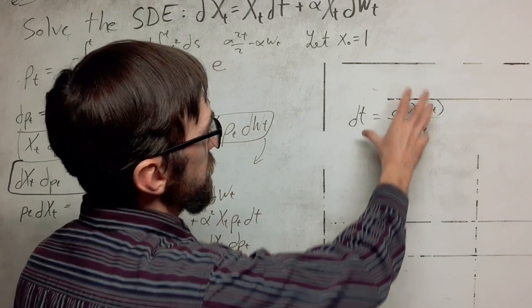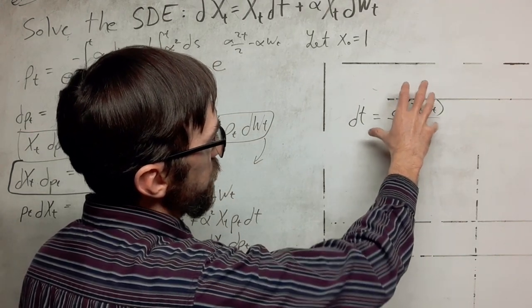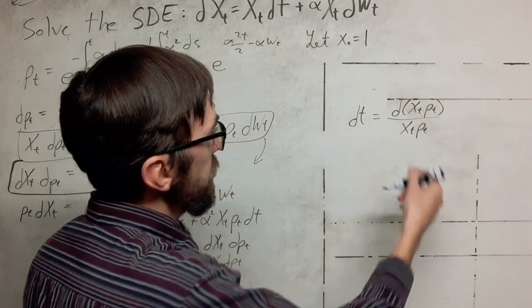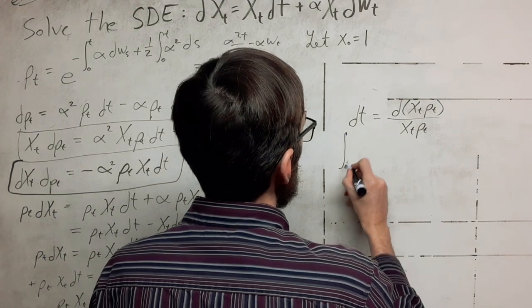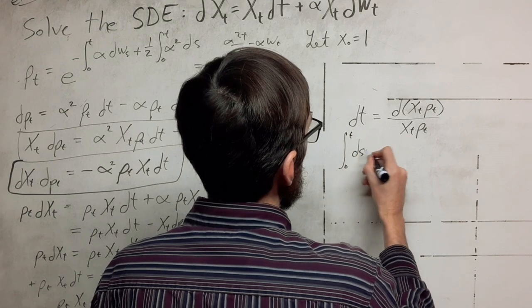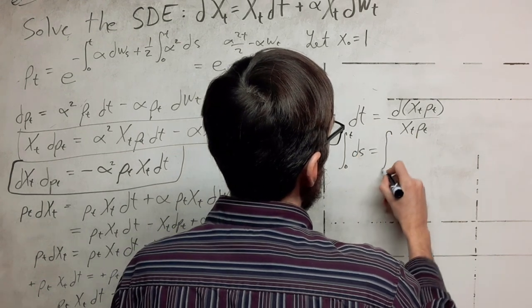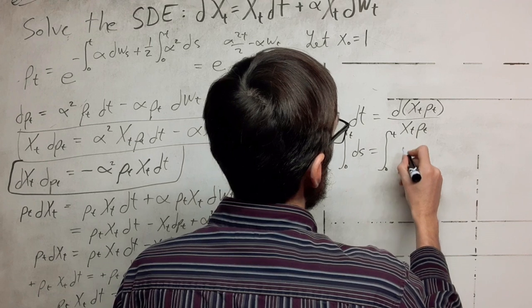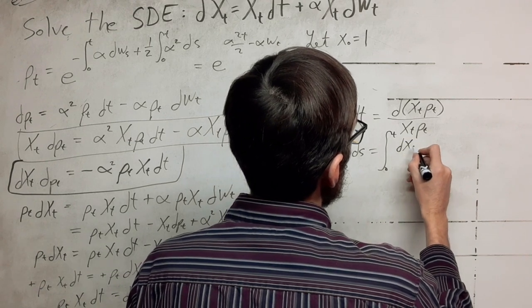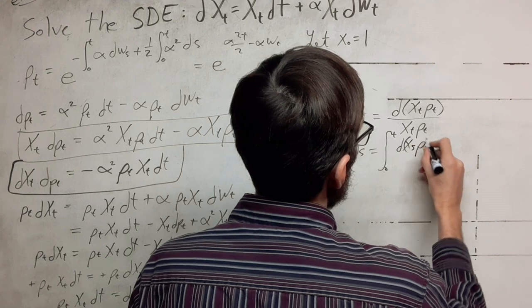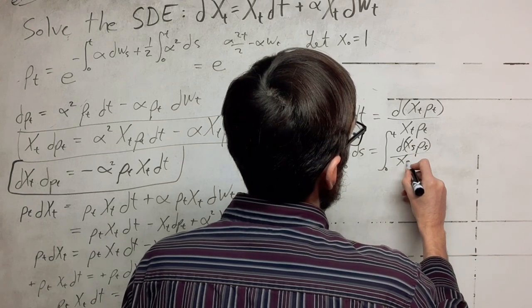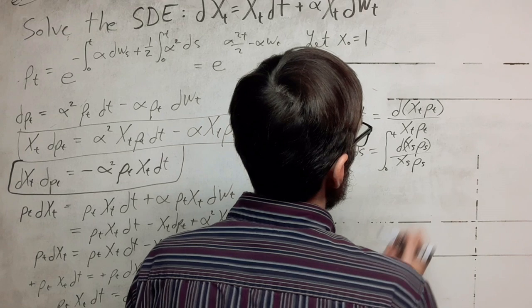We end up with this classic form for logarithm here when we integrate. So we want to go ahead and integrate this with respect to s. So this is going to be from 0 to t ds is equal to integration from 0 to t d(x sub s rho sub s) over x sub s rho sub s.